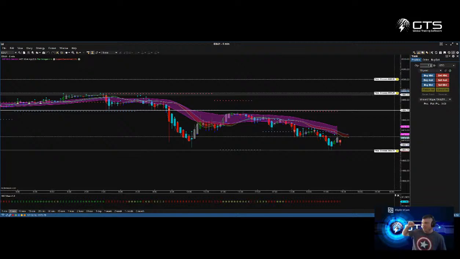But the fact that it's hugging the 200 might show that, because usually when there's a ton of bullish momentum, it's off of the 200, is it not? And it's far away. But the fact that it's coming into the 200, you might see a reversal. Is that a correct assumption, Edward?